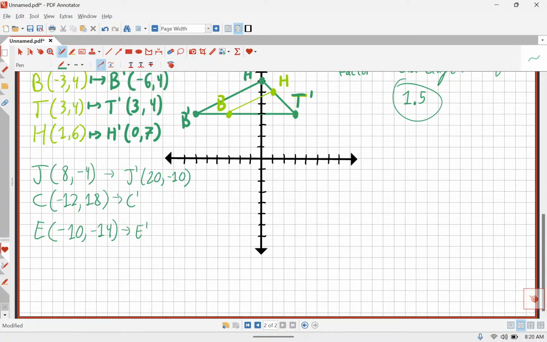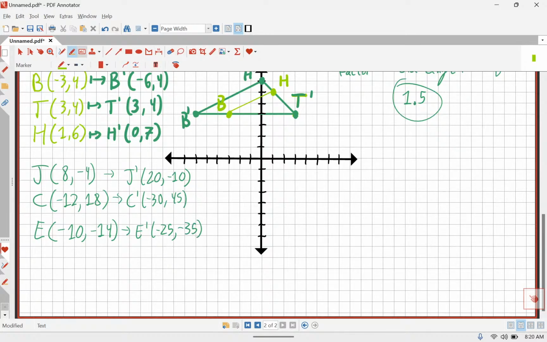C prime is at negative 30 comma 45. And E prime is at negative 25 comma negative 35.